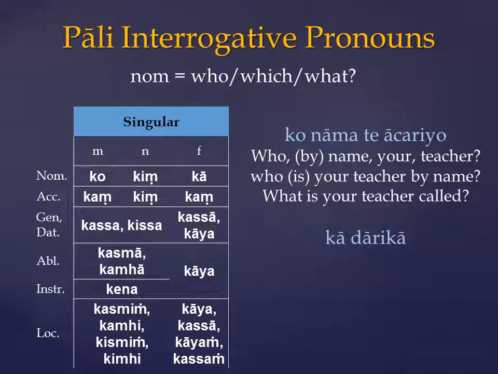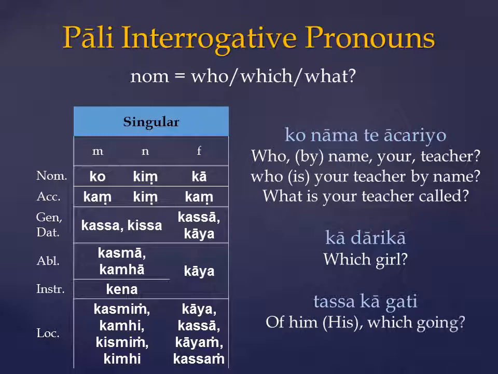Now, ka darika, both terms are in the feminine, and darika means girl, so which girl? And in the sentence, tasa ka gati, tasa again is a possessive pronoun, meaning of him or his, while gati is actually based on the verb gacha, meaning to go.